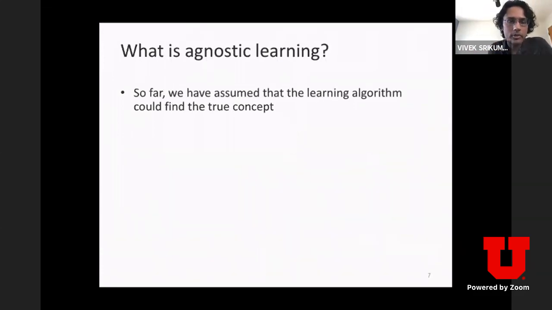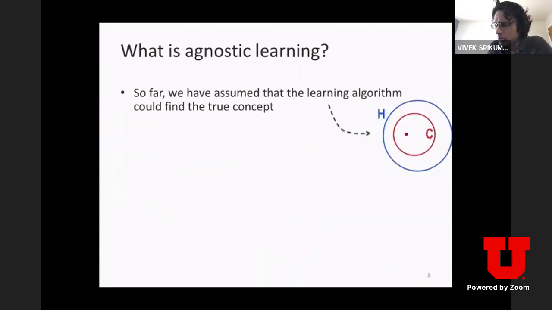We assumed so far that the learning algorithm could find a true concept. When I say true concept, I mean it can find a classifier that perfectly labels every example in the training set, for example, like your decision tree. So what that means is the hypothesis space that the learner is exploring fully contains the concept class.